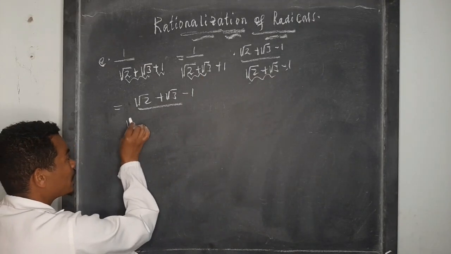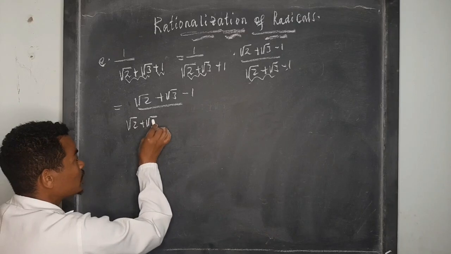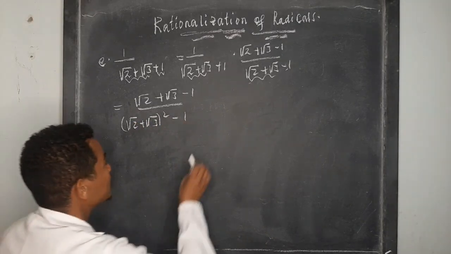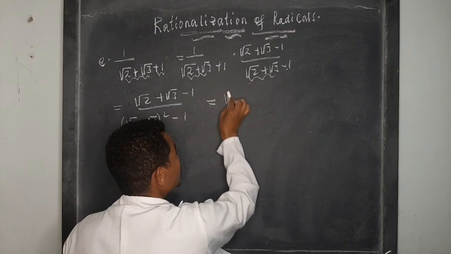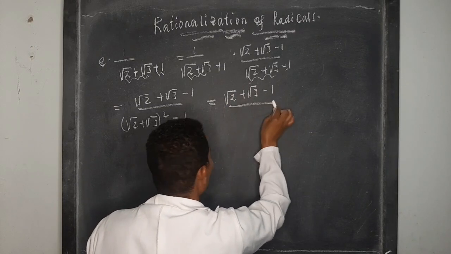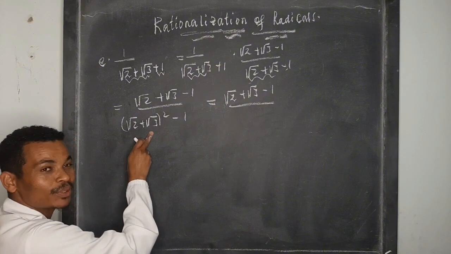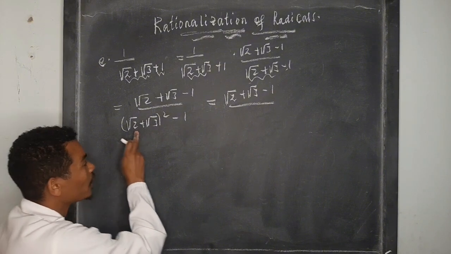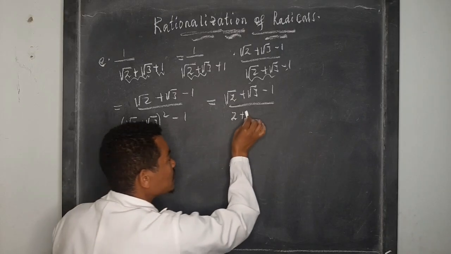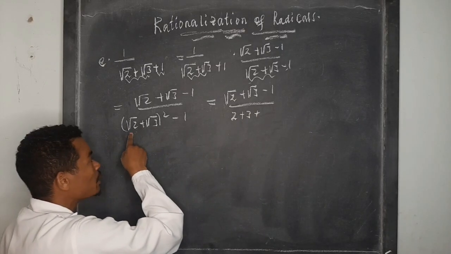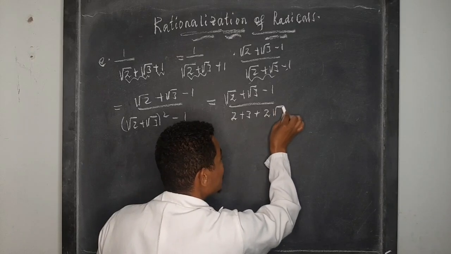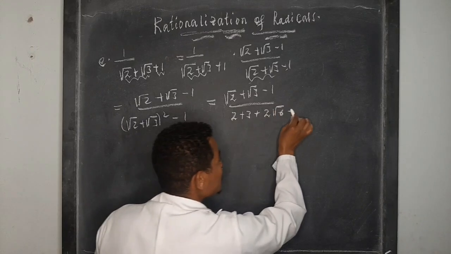That is (radical 2 plus radical 3) the whole square minus 1. This is the same with (radical 2 plus radical 3) square minus 1. This is (a plus b) whole square, so a square, radical 2 square is 2, plus b square, radical 3 square is 3, plus 2ab, 2 times radical 2 radical 3 is 2 radical 6, minus 1.